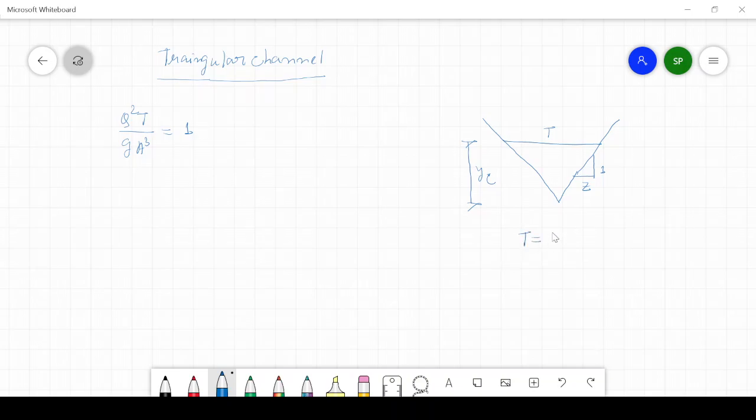Your top width is equal to 2zyc, isn't it? Because this is your zyc. So T is equal to 2zyc.